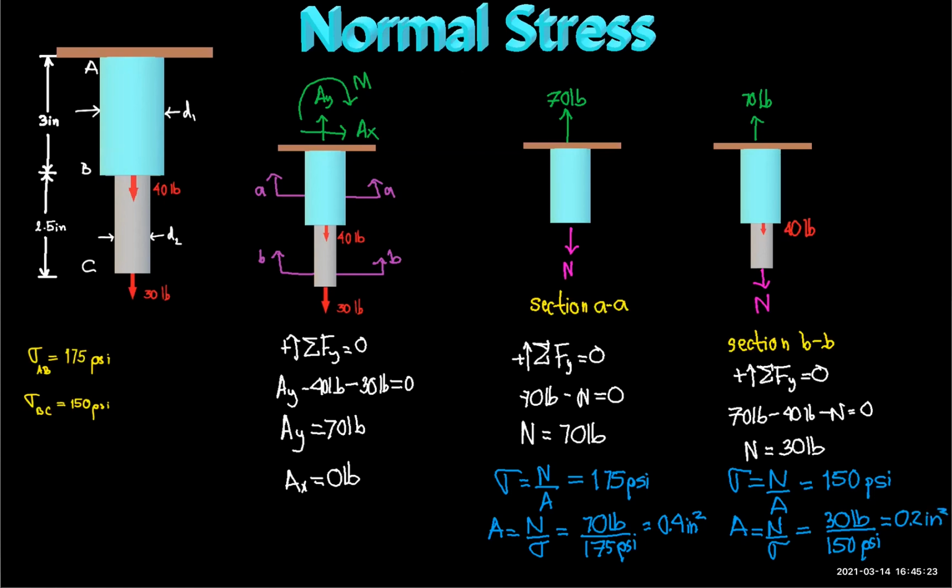We found that the minimum cross-sectional area of rod AB should be 0.4 square inches, whereas the minimum cross-sectional area for member BC has to be 0.2 square inches. From there, we can find the diameter of each section.